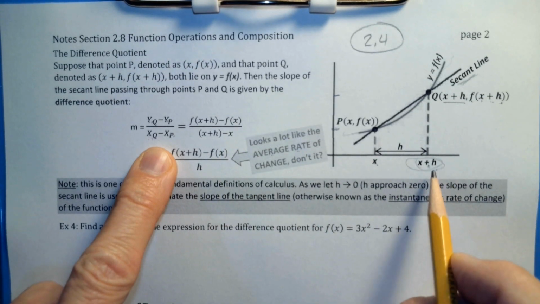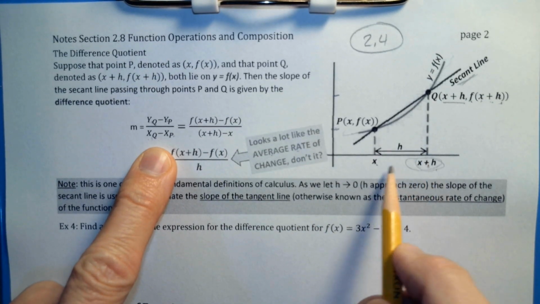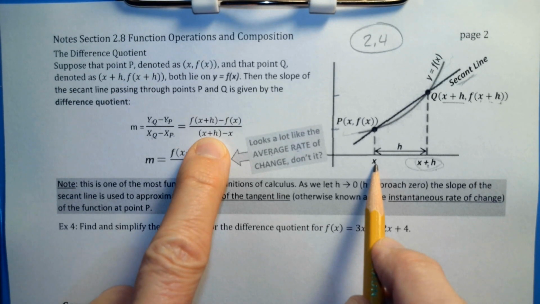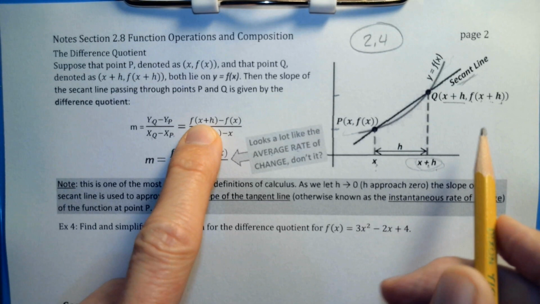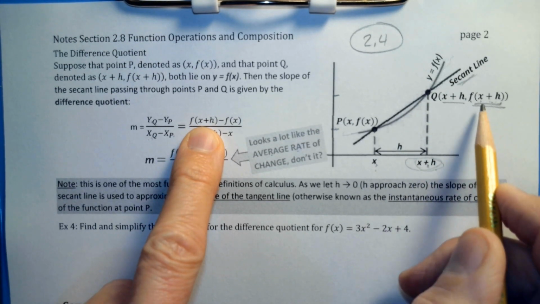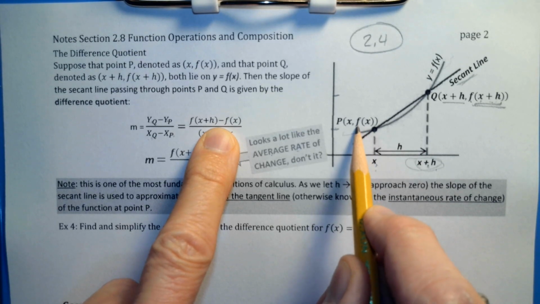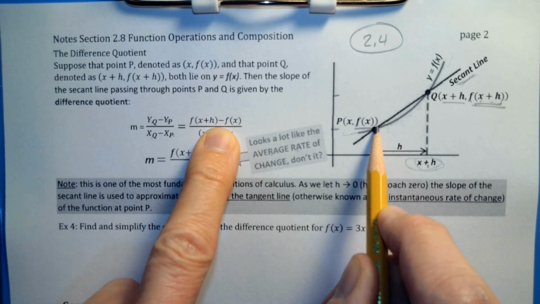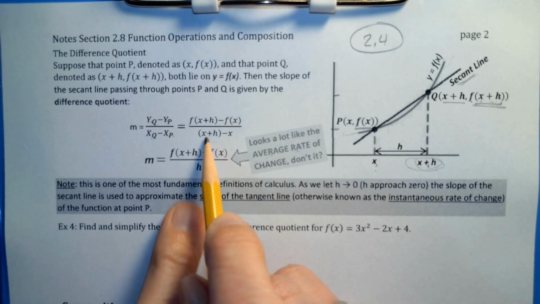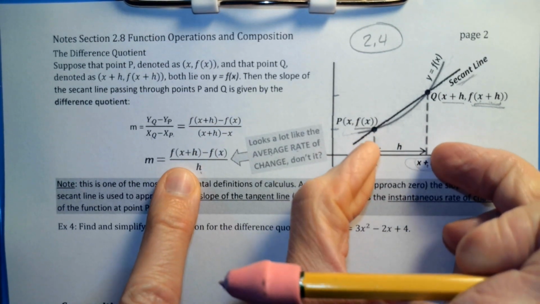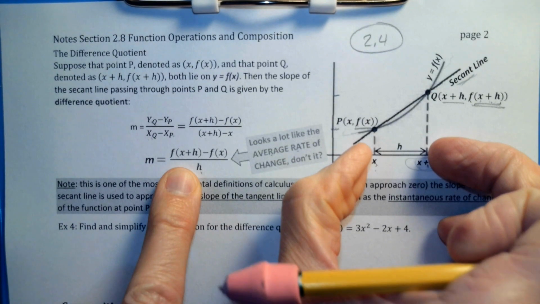So what we do is we take this point minus this point. So x plus h minus x. And then at this y coordinate here, f of x plus h minus the other y coordinate, which is f of x. Now notice the x's in the bottom go away, and we're just left with h, which is the difference. All right.